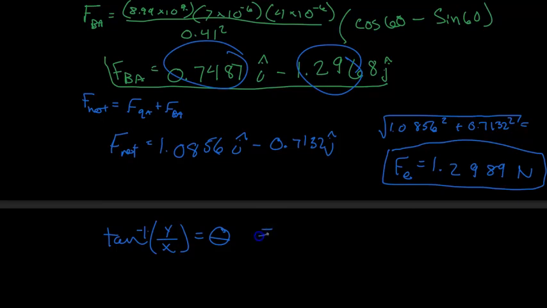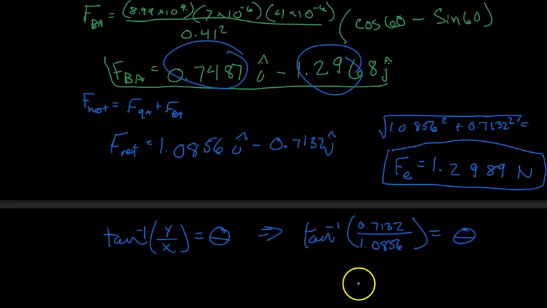So when we do that, our y is 0.7132 and our x is 1.0856, and that should give us our theta. From there, this should equal 33.303.